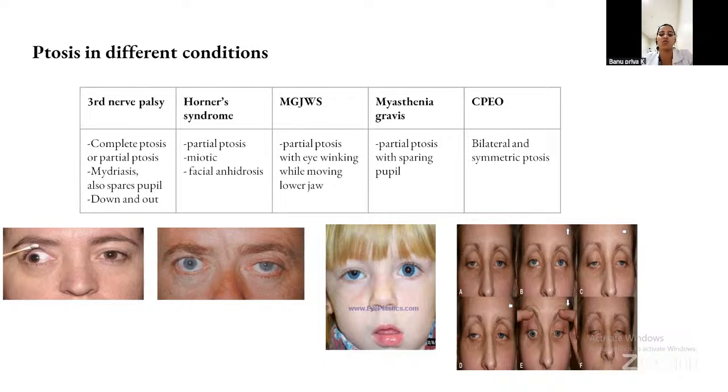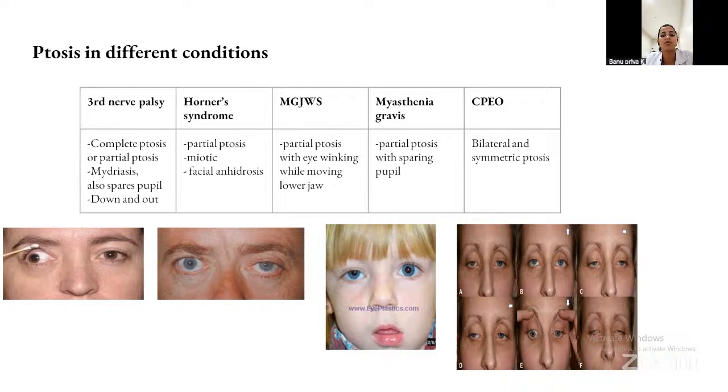In the ice pack test, what we do is place an ice pack over the closed lid for 1 minute. Before and after, palpebral fissure height is measured. If there is an improvement in ptosis, that means the palpebral fissure has improved after the test, this is an indicator of myasthenia gravis.